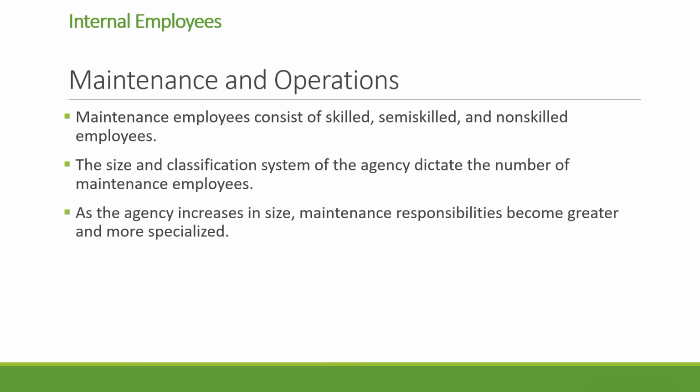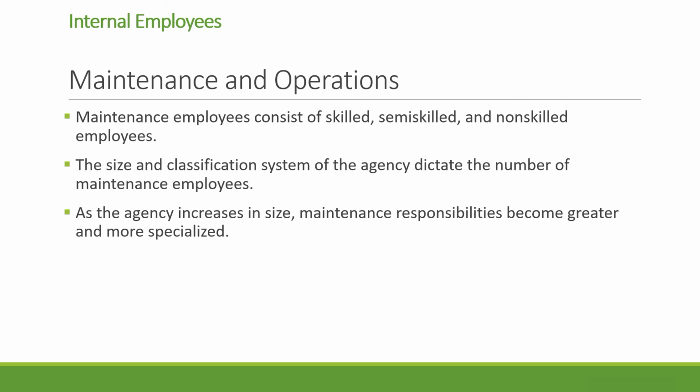Another internal employee is maintenance and operations. Maintenance employees consist of skilled, semi-skilled, and sometimes non-skilled employees. This is like cleaning, upkeep, and minor repairs. They might do some specialized tasks such as plumbing or welding. And the size and classification system that the agency uses really decides how many maintenance employees someone has.